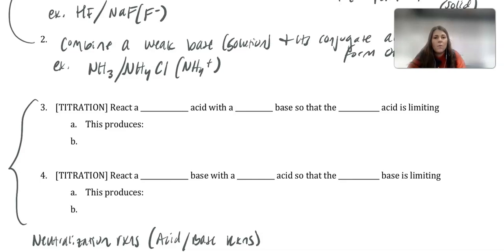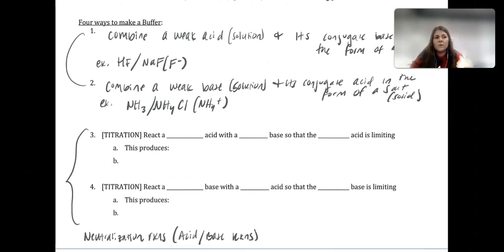So one thing I need us to know, the difference between 1 and 2, and then 3 and 4. 1 and 2 are not a chemical change. Okay, you're literally just adding something that's already there. They're not going to react. 3 and 4 are going to react. This is going to be a chemical reaction.